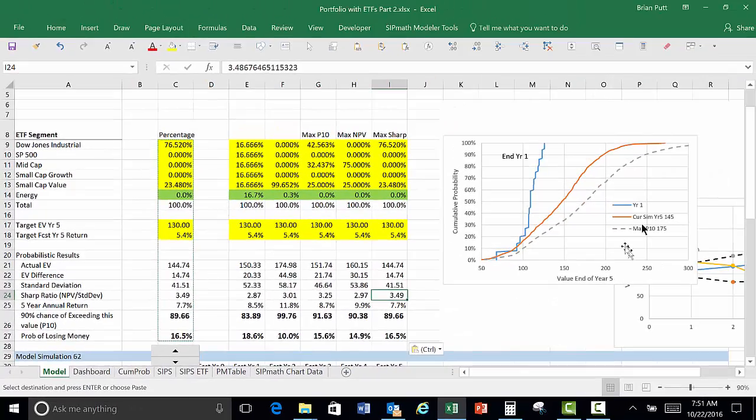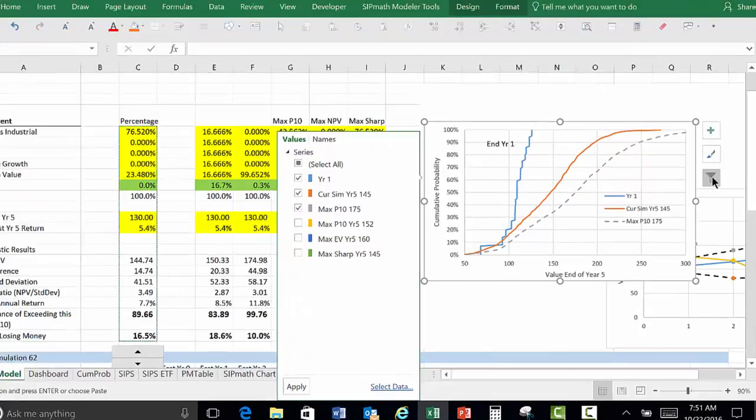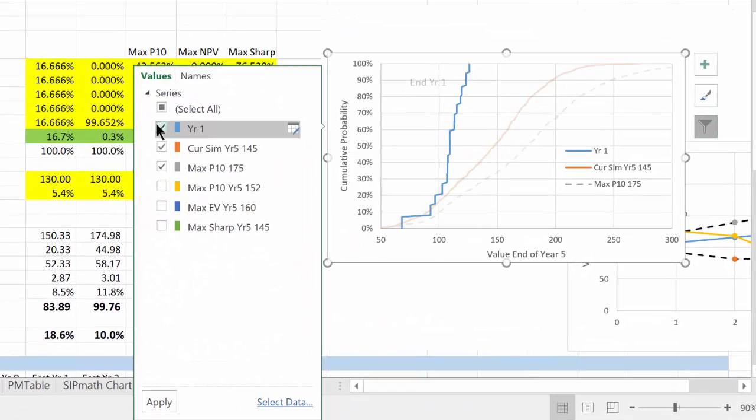So let me do this. What's nice about Excel 2016 is that we can filter our data. So we don't want that. We don't need that one. We do need this, maximize that.